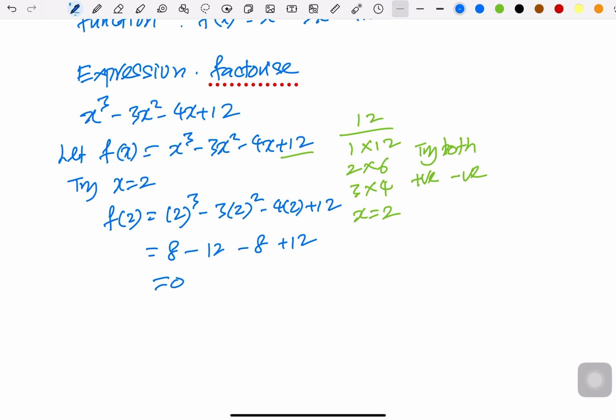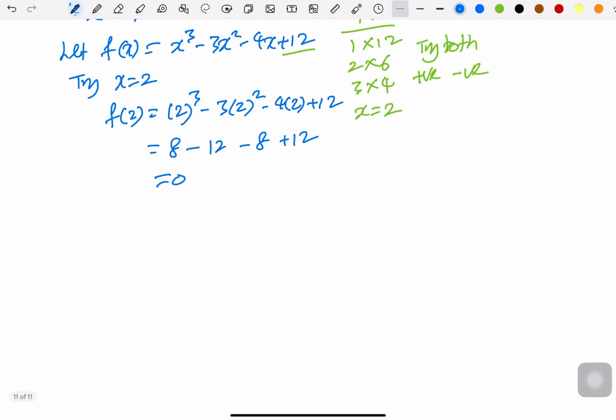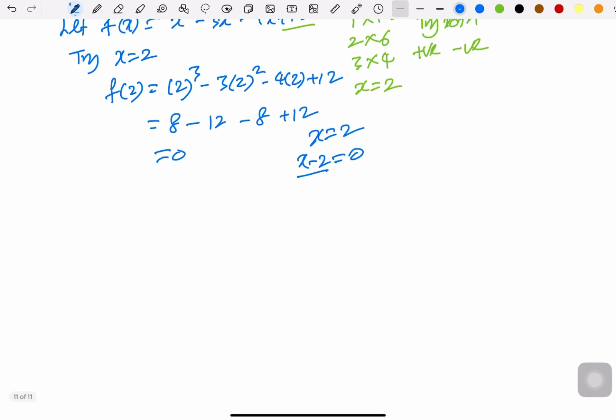It needs to be 0. If it's not 0, that means you substituted wrongly or something. So if you get 0, then x equal to 2 means x minus 2 is a factor.